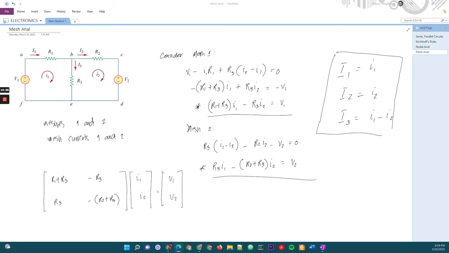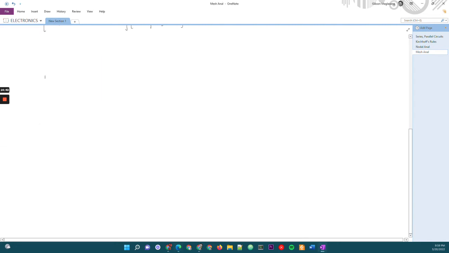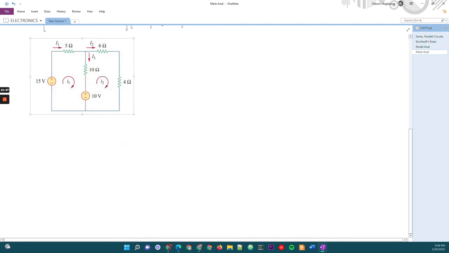Okay, so let's have an example. Consider this example. Take a look at this circuit diagram. Determine I1, I2, and I3 using mesh analysis, of course.